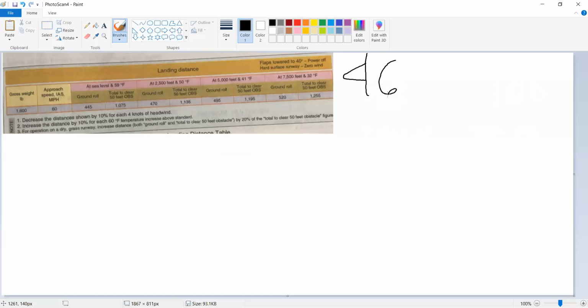All right, 46. Determine the total distance required to land over a 50-foot obstacle. All right, we have the number 7,550. We have 8 knots again, temperature 32, hard surface.